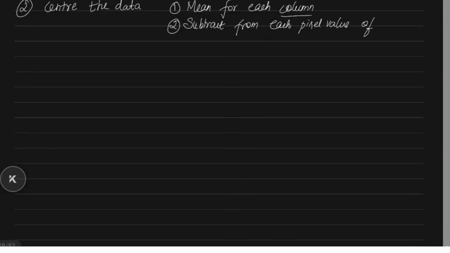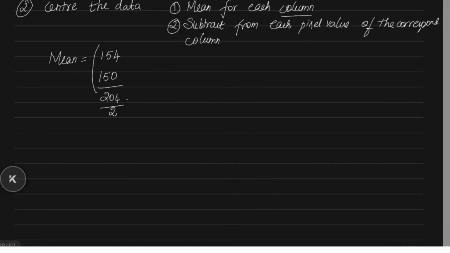So first you find the mean column-wise, then for each element in the column you subtract the mean. For the first column, your actual data is 154 and 150, so you add both and get 304, then divide by 2. So for the first column the mean is 152. Likewise, you repeat it for all other columns.